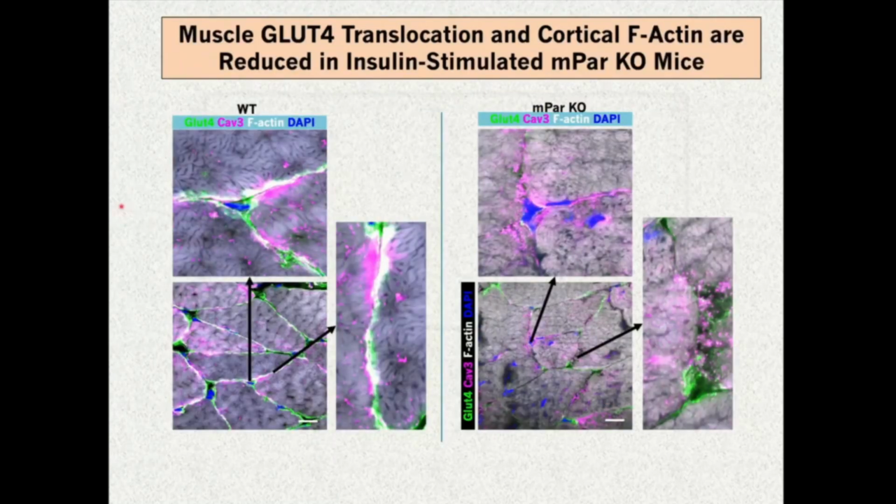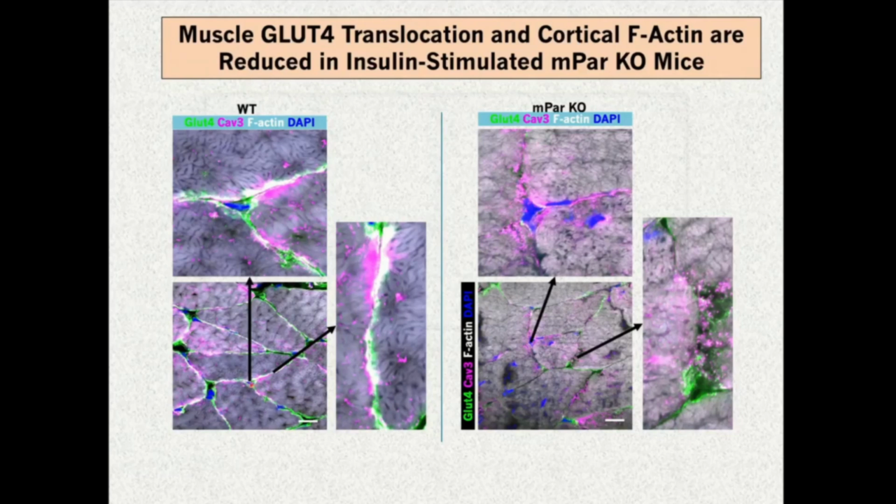Now, this slide, if you look closely, the green is GLUT4. CAV3 is a membrane marker. So what you want to look for is the co-localized GLUT4 and CAV3, so the GLUT4 on the plasma membrane, F-actin as a cytoskeletal marker, and then DAPI just identifies cell nuclei.